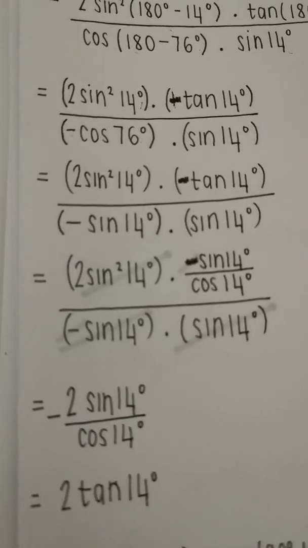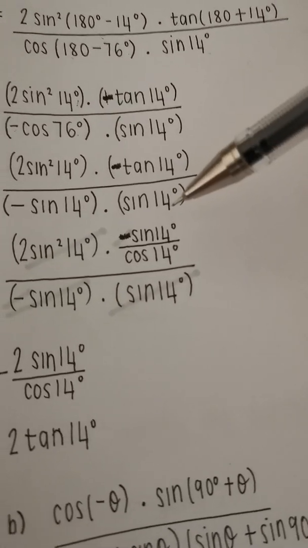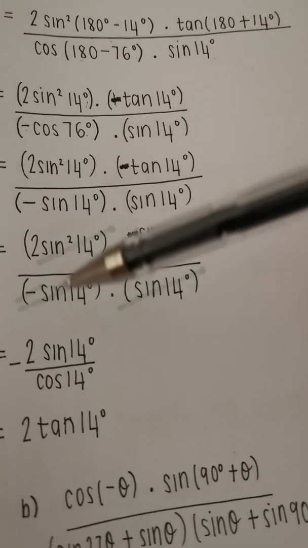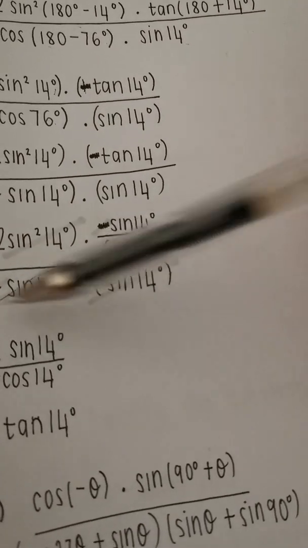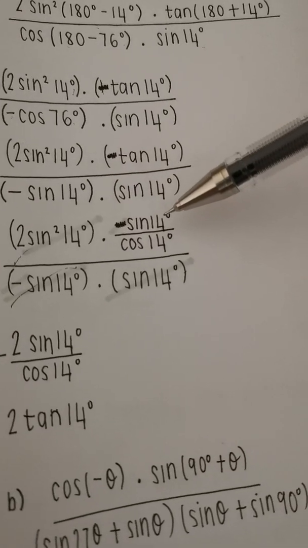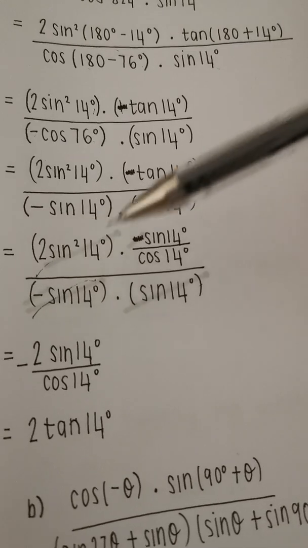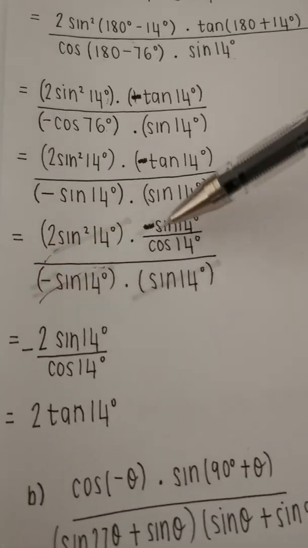Okay, what did I do over here? I changed my tan into sine over cos because of my identity, and I simplified this sine, and this sine becomes sine squared of 14. It cancelled out with that one over there. What else? Initially I cancelled out my negative and negative until I realized, oops, I made a mistake, so that doesn't cancel out.